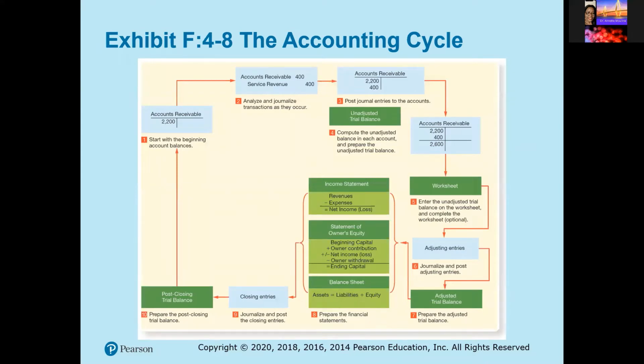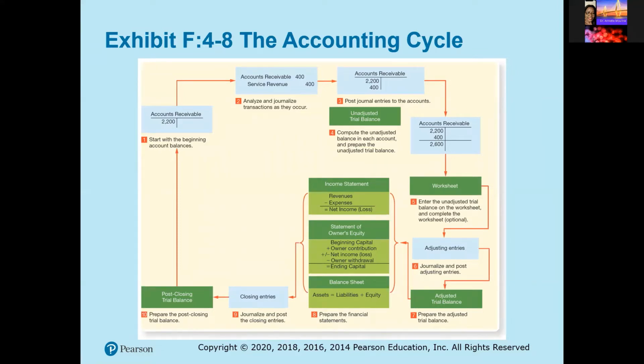Here you see Exhibit F4-8. It outlines the complete accounting cycle of Smart Touch Learning and every other business. Now you start with step 1 and then you move clockwise. So accounting takes place at 2 different times.